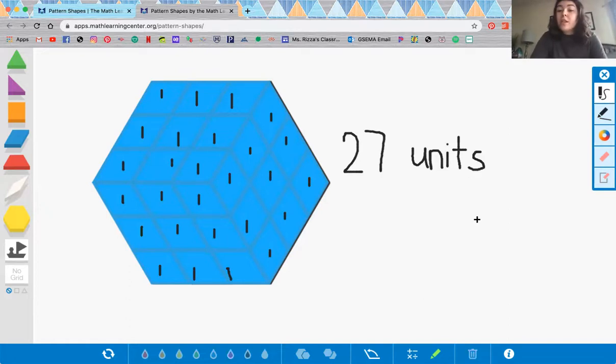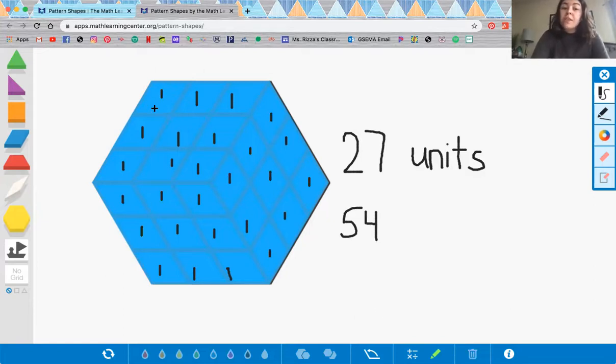So is this number bigger or smaller than the area of this shape with triangles? This number is smaller because yesterday's number was 54. Why do you think this number is smaller? What is causing this number to be smaller than yesterday's triangle area?